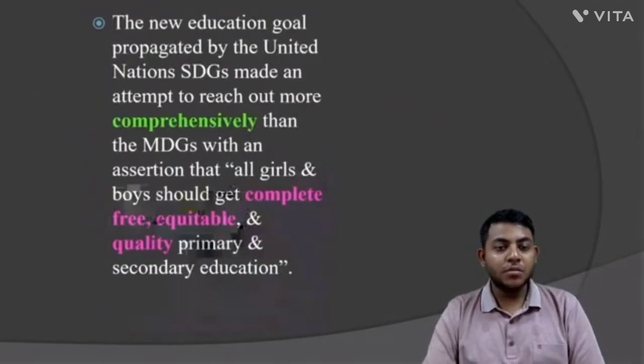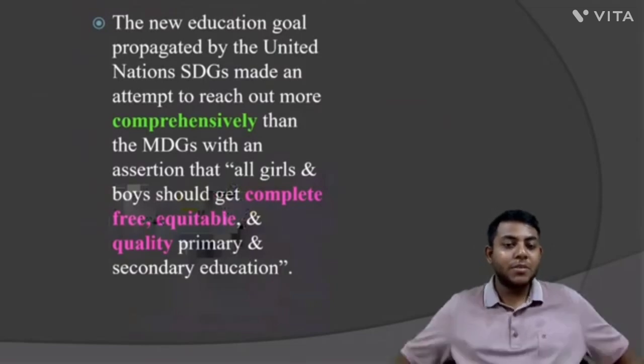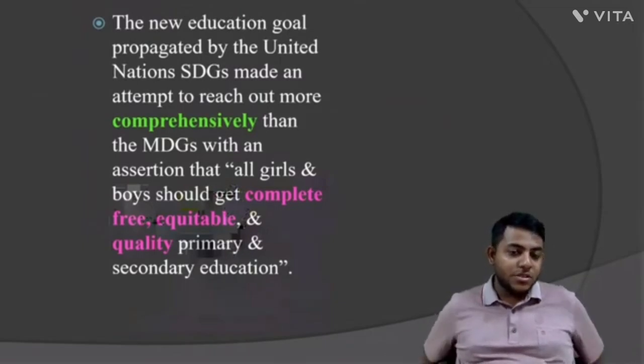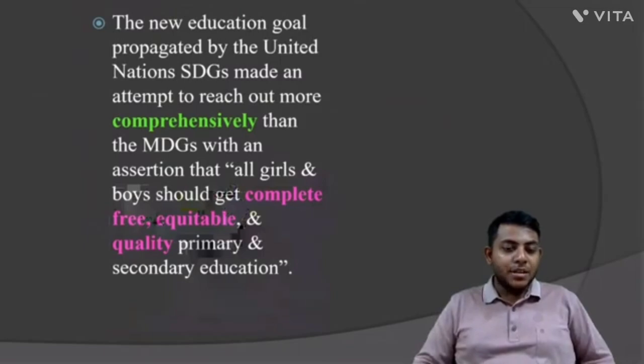The new education goal propagated by the United Nations Sustainable Development Goals made an attempt to reach out more comprehensively than the Millennium Development Goals, with an assertion that all girls and boys should get complete, free, equitable, and quality primary and secondary education.